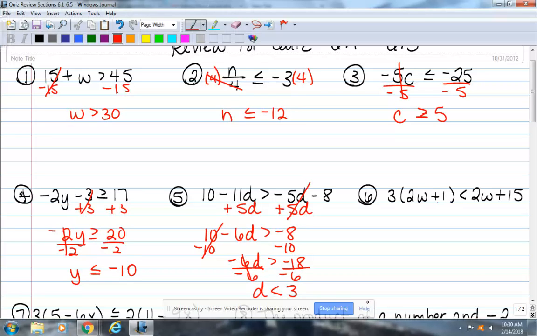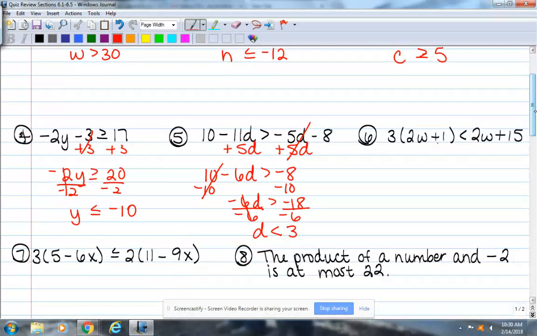All right, number 6. What are we going to do first on number 6? We're going to distribute. So what's 3 times 2w? What's 3 times 1? And then copy the rest. Then what do y'all want to do? Yep, get your variables together. What is 6w minus 2w?